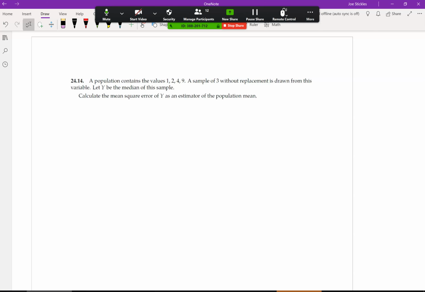We're doing this without replacement, so I've got 4 things to choose from, and I'm choosing 3. That means we're only going to have 4 different samples, right? So you could have a sample of 1, 2, 4. You could have a sample of 1, 2, 9. You could have a sample of 1, 4, 9. Oops, 1, 4, 9. That's what I meant. And 2, 4, 9.